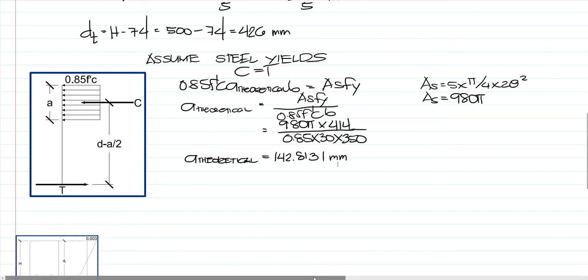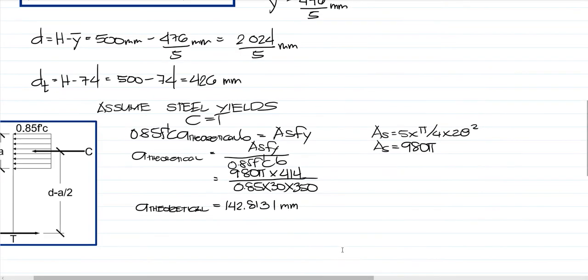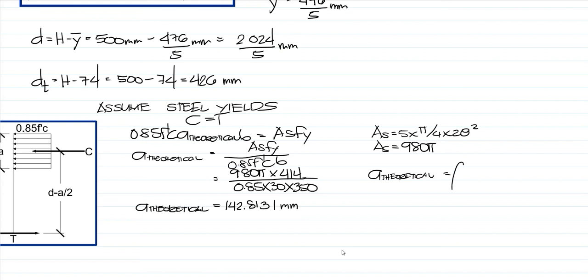Now we can proceed in getting the value of our C theoretical. So si C theoretical natin, manggagaling lang yan from the provision of the NSEP that A theoretical, or the value of A, is just equal to beta 1 C theoretical.